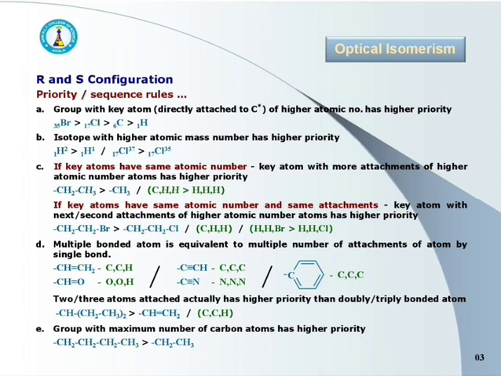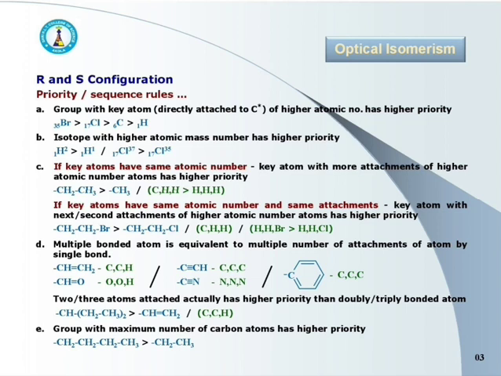Consider 4 different groups like Br, Cl, C and H, that is bromine, chlorine, carbon and hydrogen. Br has atomic number 35, Cl has 17, carbon has 6 and hydrogen has atomic number 1.